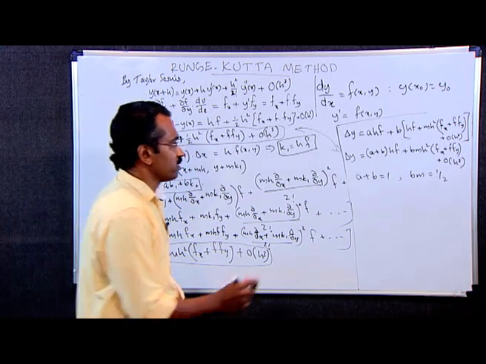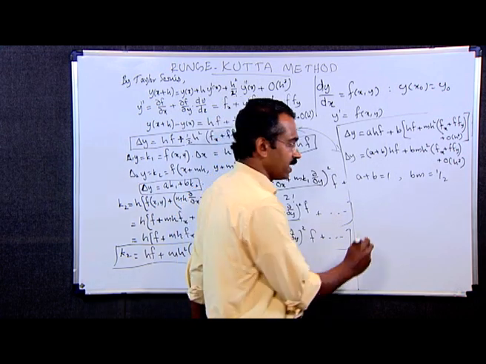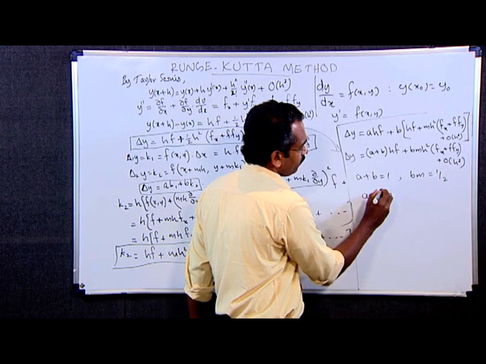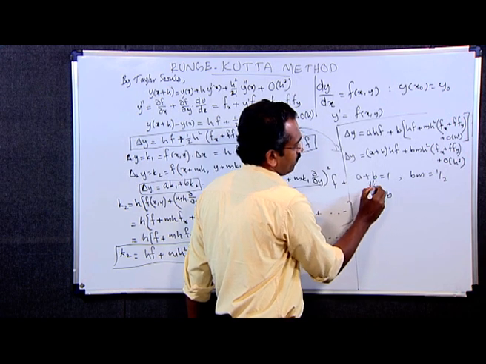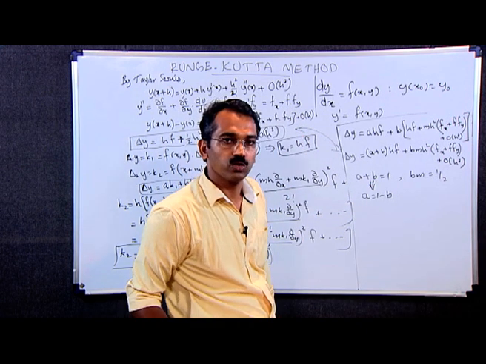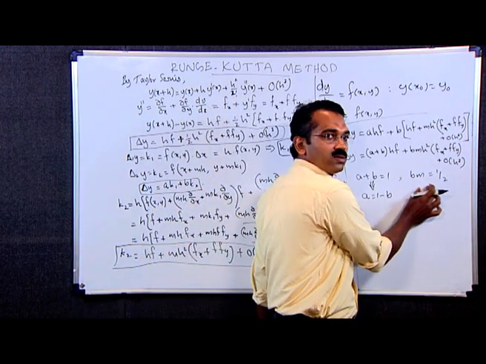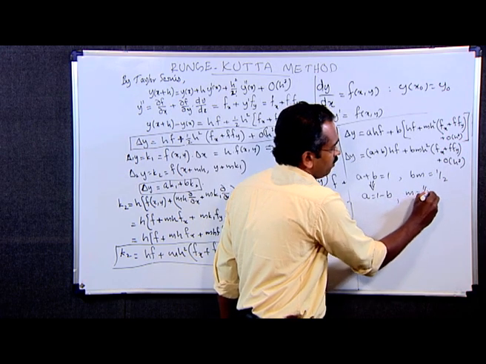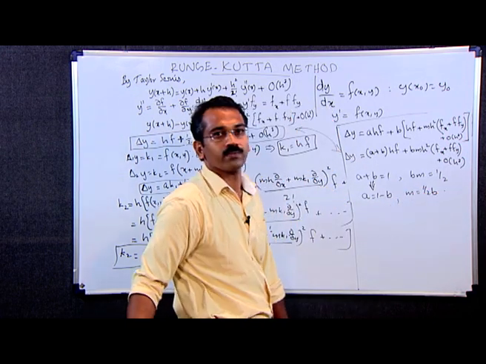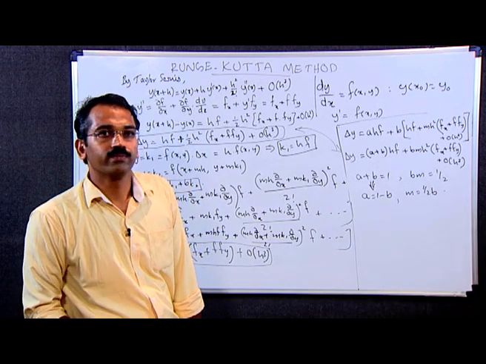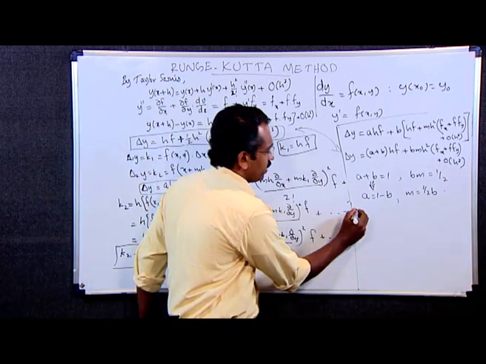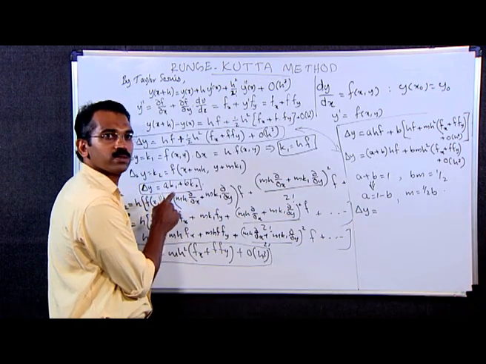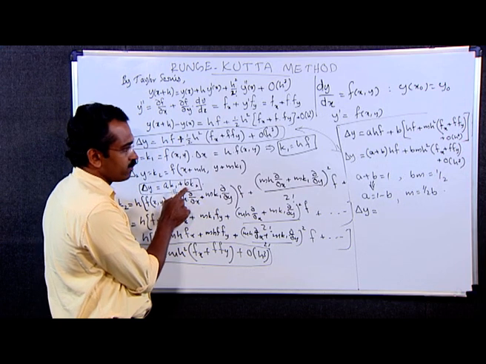Now, from this a plus b equal to 1, we can write a is equal to 1 minus b, and from this equation we can write m is equal to 1 by 2b.